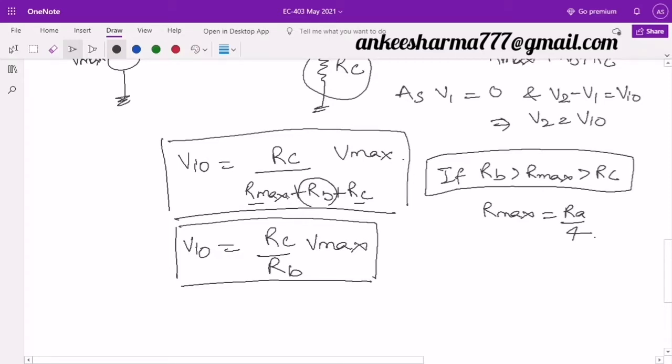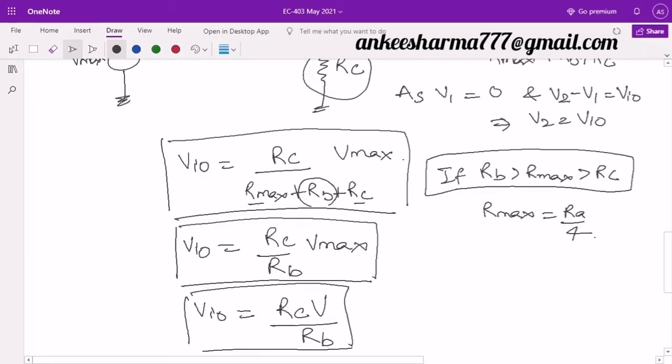Now this V max can be plus VCC or minus VEE depending upon the polarity that we are setting. So we can say here VIO is equal to RC, I will simply write here voltage V upon RB.